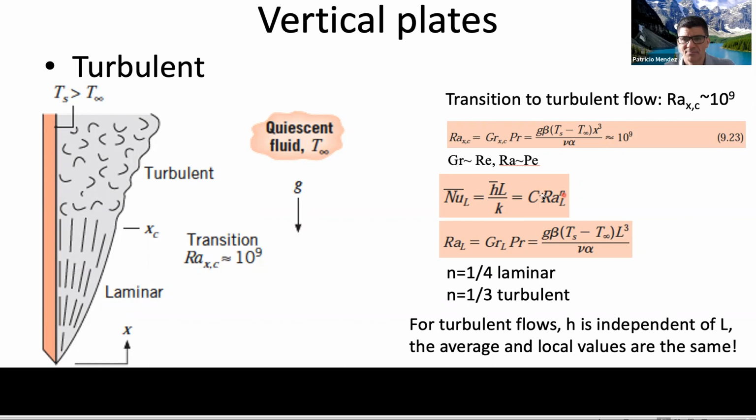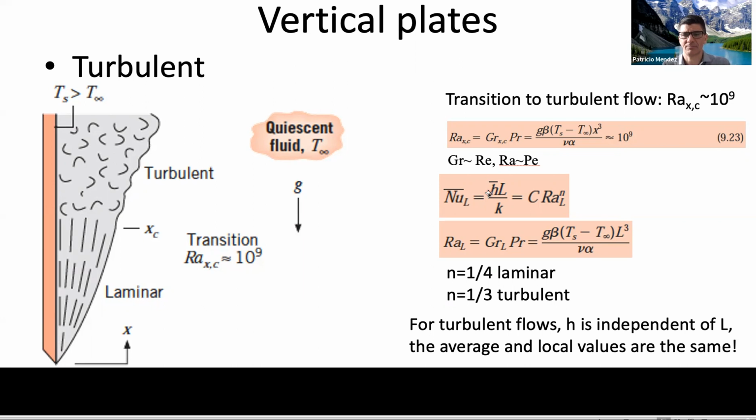This means that the convection coefficient h is now independent of the plate length. And this is very interesting, because if the coefficient h is independent of the plate length, it means that it's constant, and it also means that the average and the local convection values are the same.